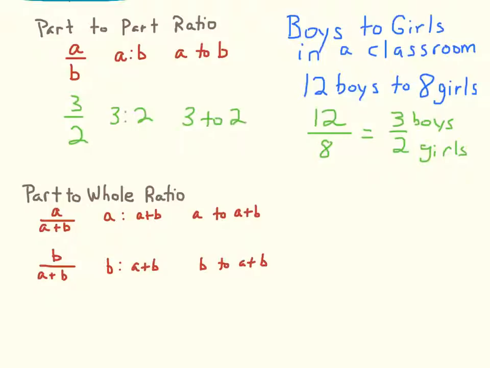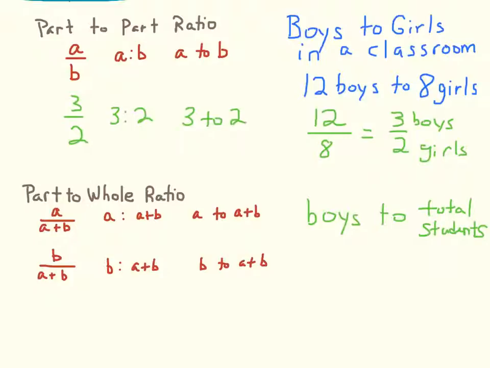For example, if we were talking about the ratio of boys to total students in that classroom, we would need to do what's called a part-to-whole ratio. So part-to-whole means I have the part, so in this case it'd be boys to the sum of boys and girls, which would be total students.